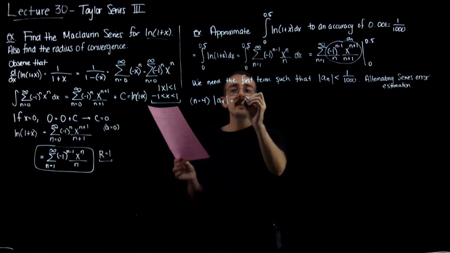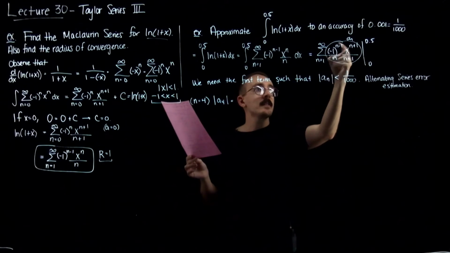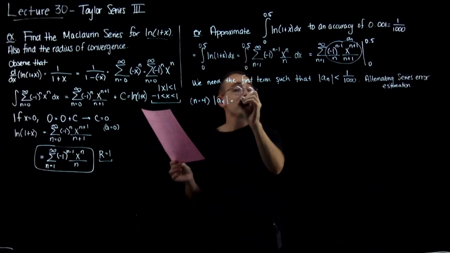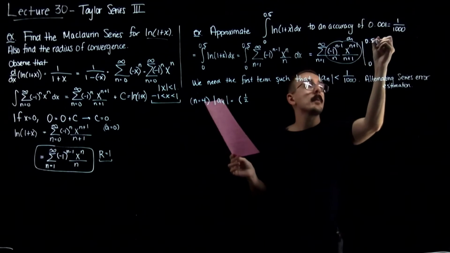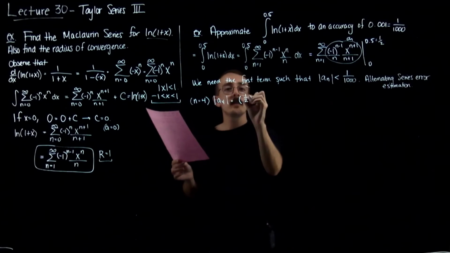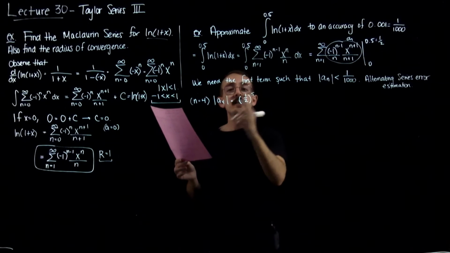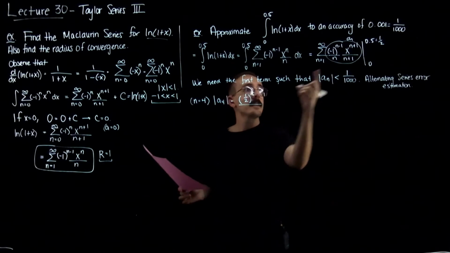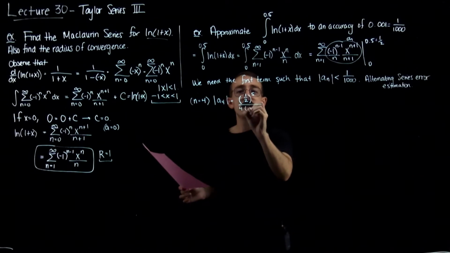Taking the absolute value, the negative 1 to the n minus 1 is disregarded, and I get 1/2, that's my 0.5, to the 5th power, because I'm plugging in 4, divided by a 4 and a 5.